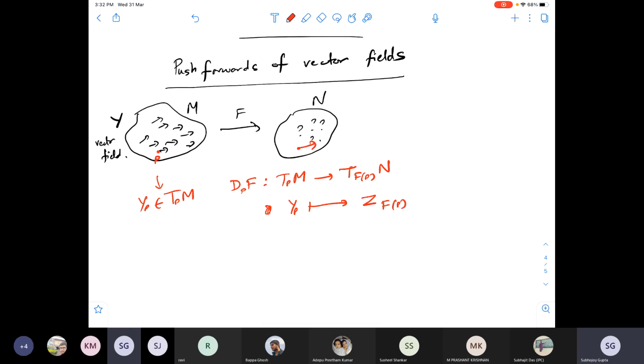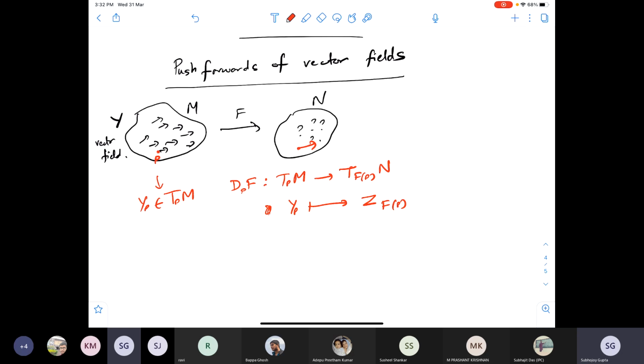This defines a vector here, and this is the first attempt at what you would want to do. You want to push forward via a smooth map, so you look at the derivative and see where the vectors go.